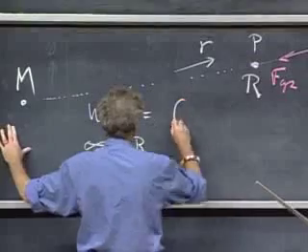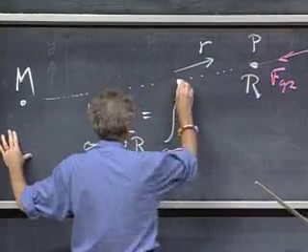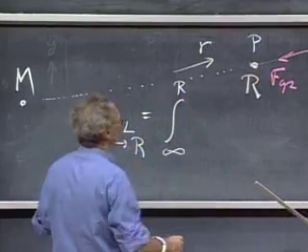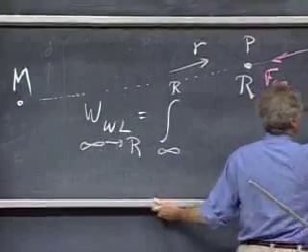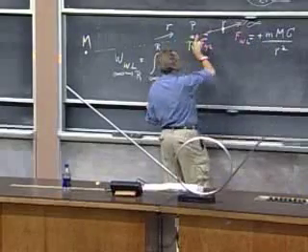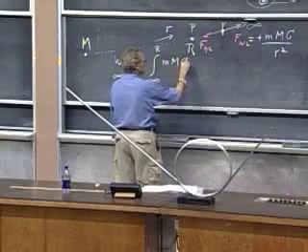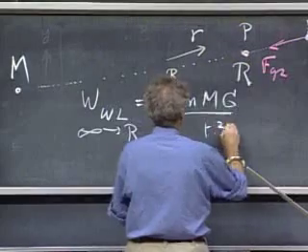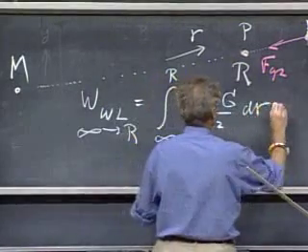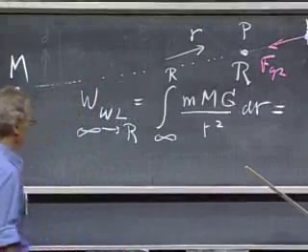So that is the integral going from infinity to R of my force, which is plus, because it's an increasing value of R, mg divided by R squared, dr. That's a very easy integral.